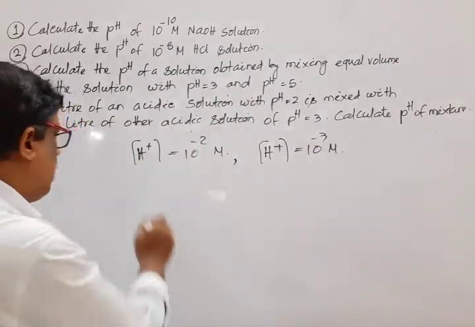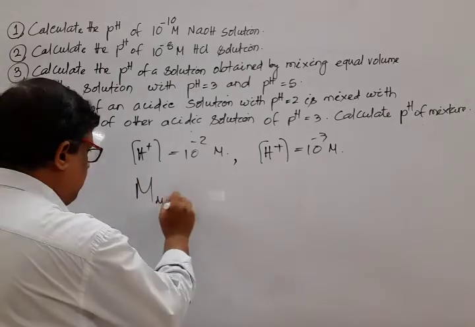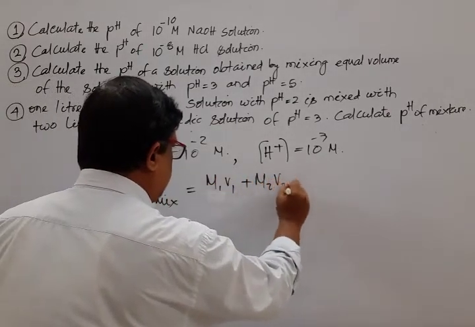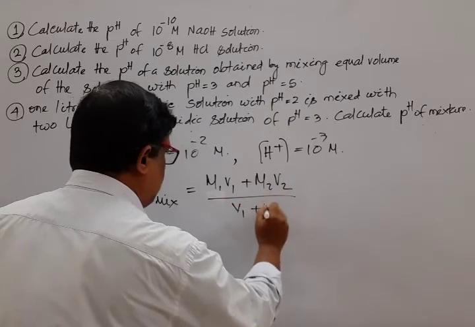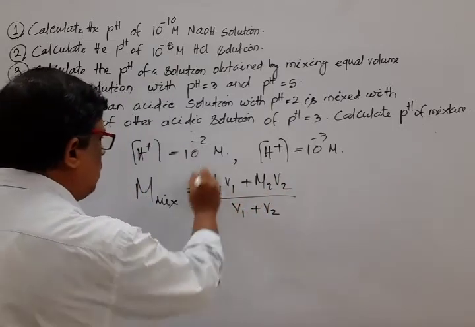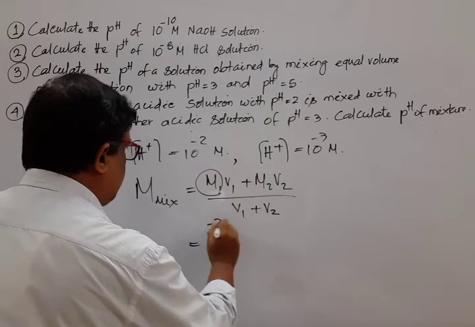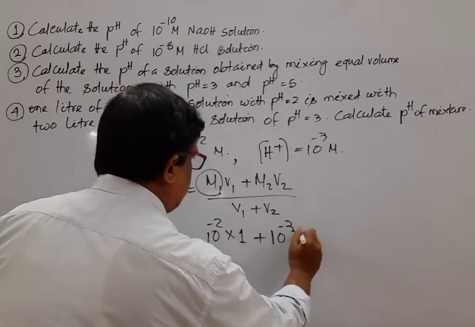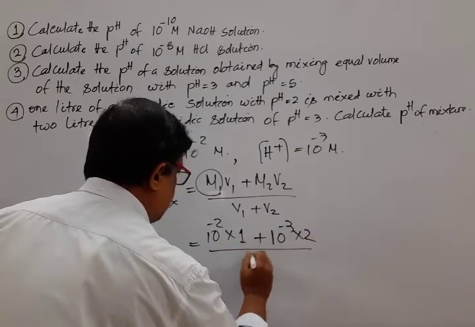We know that the H plus concentration of the mixture is equal to M1 V1 plus M2 V2 by V1 plus V2. Put in the values: 10 to the power minus 2 into 1 liter given, plus 10 to the power minus 3 into 2 liter given, divided by 1 plus 2, that is 3.